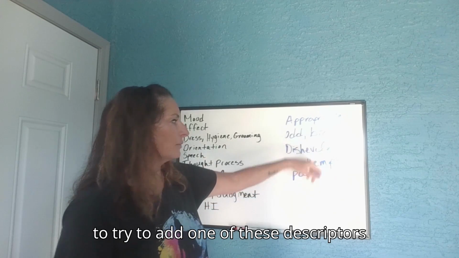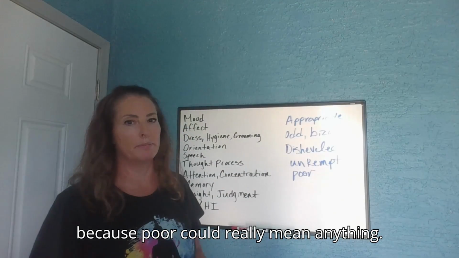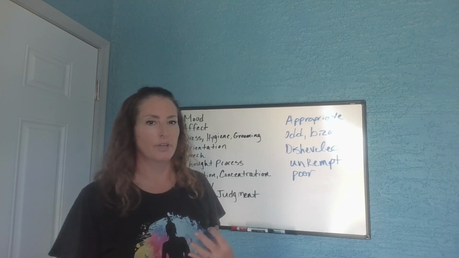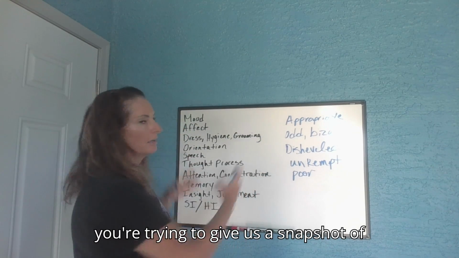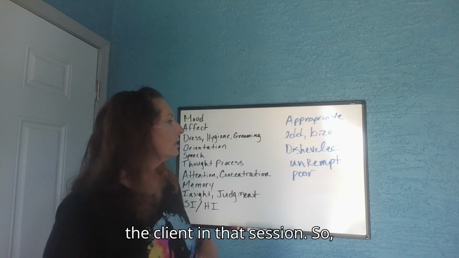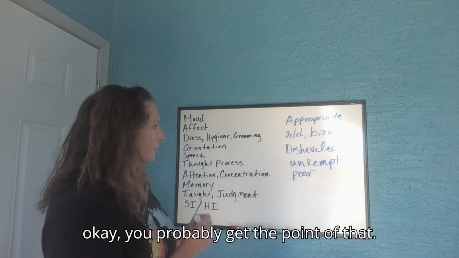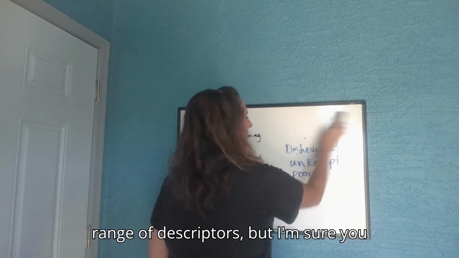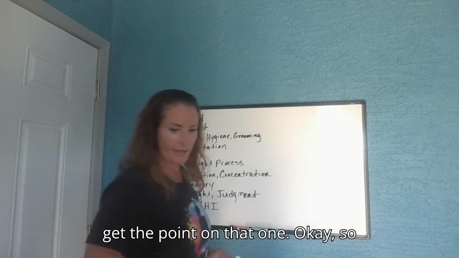You still want to add one of these descriptors, because poor could really mean anything. You're trying to give us a snapshot of the client in that session. I probably didn't give you a wide range of descriptors, but I'm sure you get the point on that one.